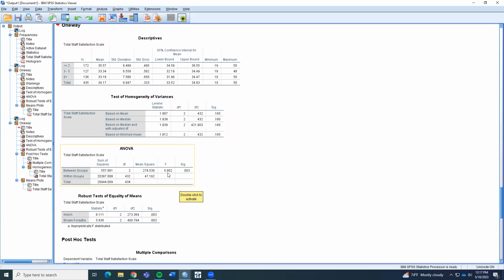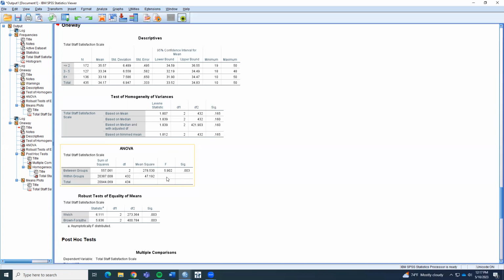The number we're comparing it to is 3.018, and 5.902 is greater than 3.018, so we will reject the null hypothesis. All right, F falls in the rare zone, which means at least one of the 3 groups differs in mean satisfaction, and this indicates statistically significant differences.